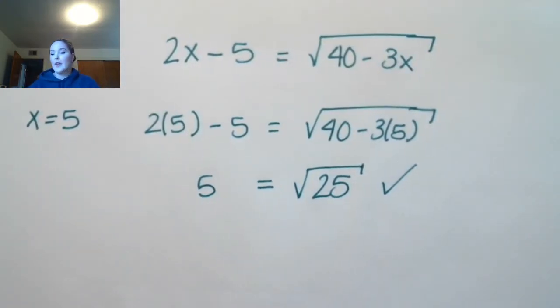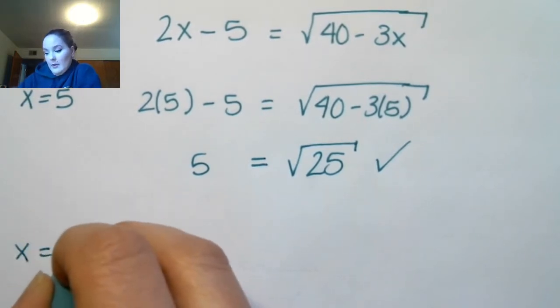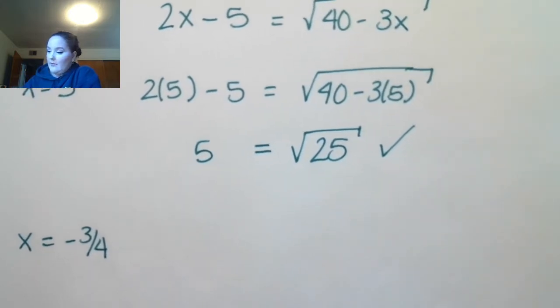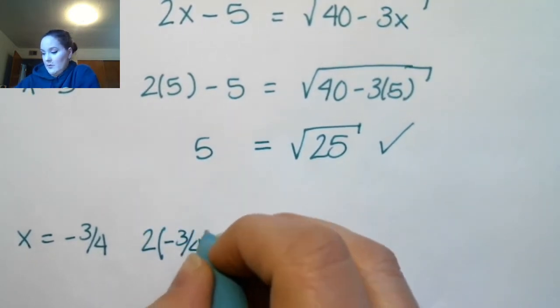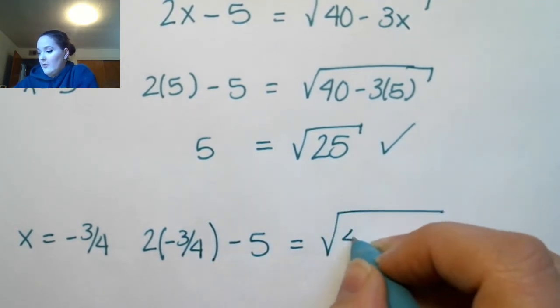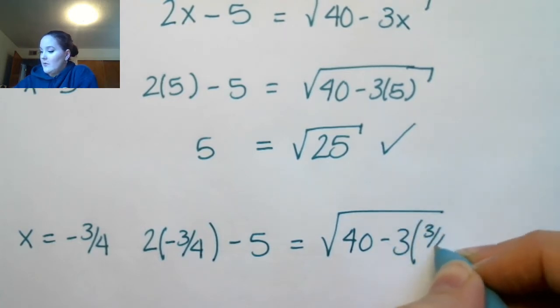Then I'm going to check x equals negative 3/4. So I have 2 times negative 3/4, minus 5, equals the square root of 40 minus 3 times 3/4.